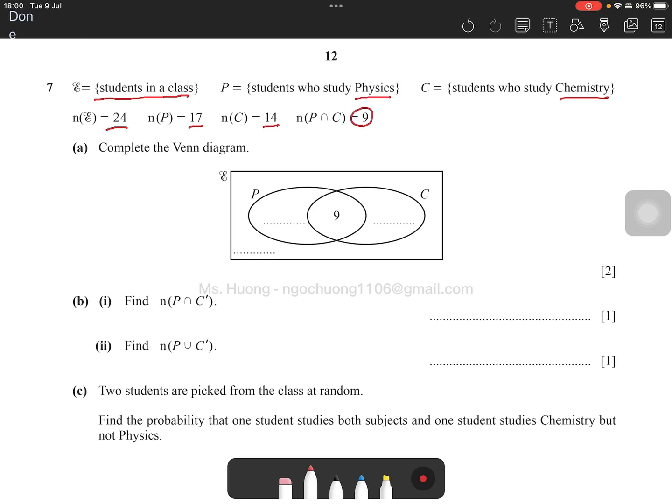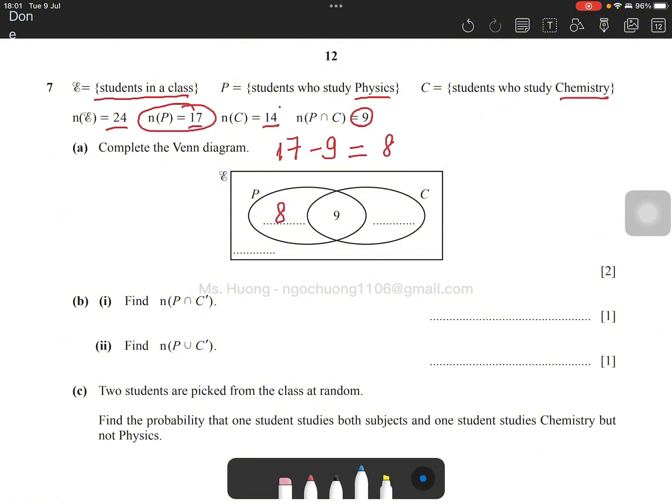So we need to complete the Venn diagram. 17 minus 9 equals 8, which means 8 students only study physics.